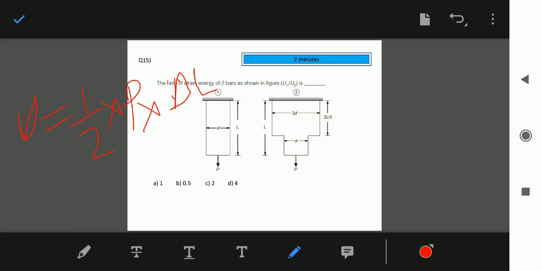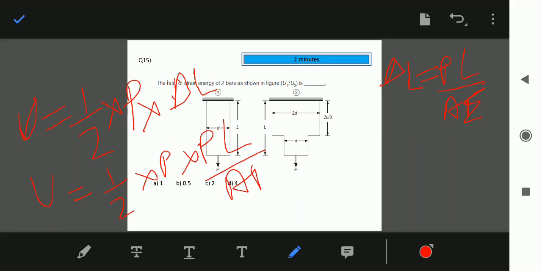Okay, and delta L is given out to be PL upon AE. So U will be half into P into PL upon AE. So half P square L upon AE.